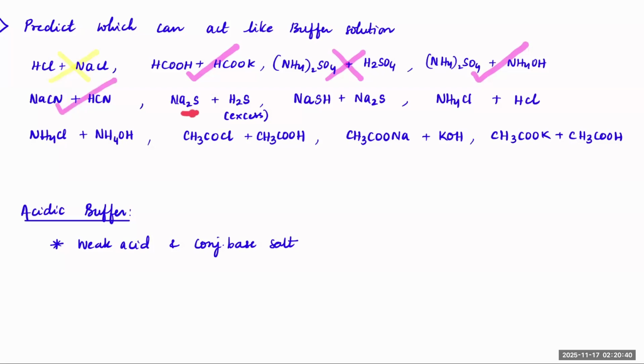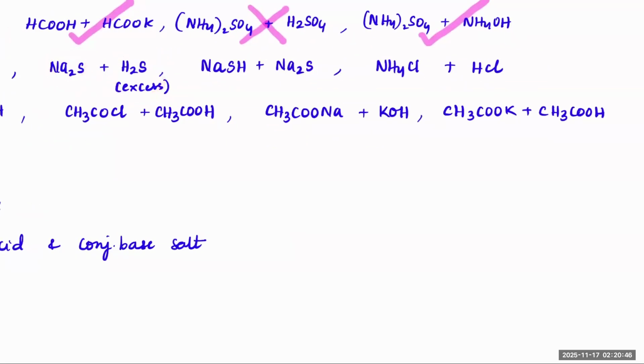Next, Na2S reacting with excess H2S. Now notice this one. If you have S2 minus plus H2S, what do we expect? We expect that this S2 minus will take away one H plus and convert into HS minus.